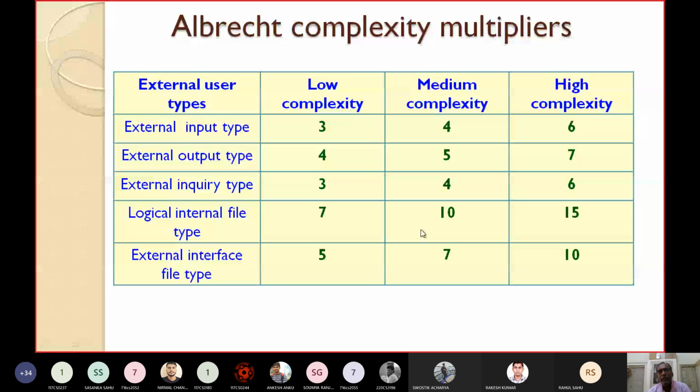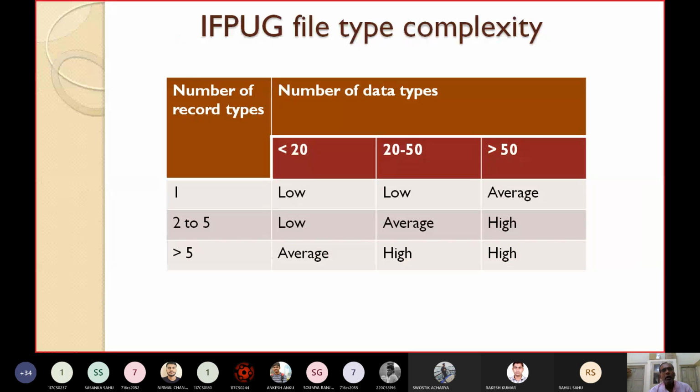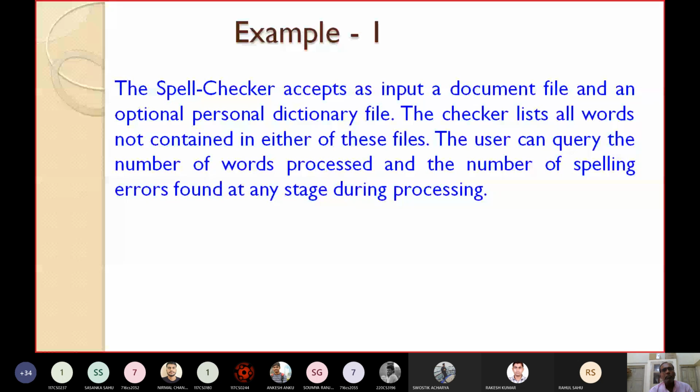I am taking quickly a small example. Please try to understand. Suppose you have to develop a software for spelling checking. The spell checker accepts as input a document file and an optional personal dictionary file. So it accepts 2 things.